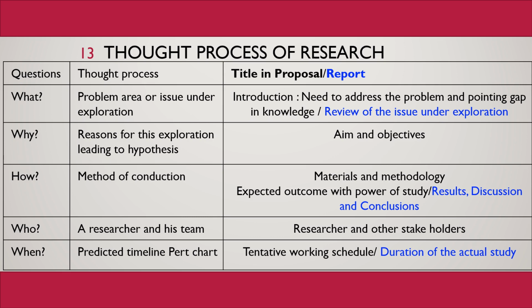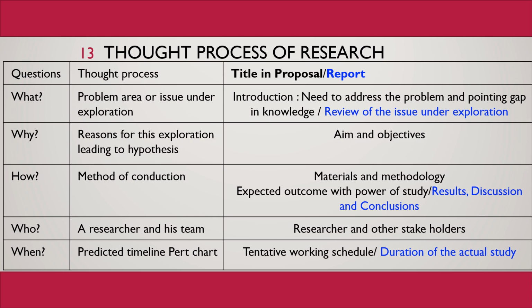When to do it? There are always predicted timelines to do a research project. For a project in the extramural category, for funding and budgetary projects, generally the timelines from 1 to 3 years are given.